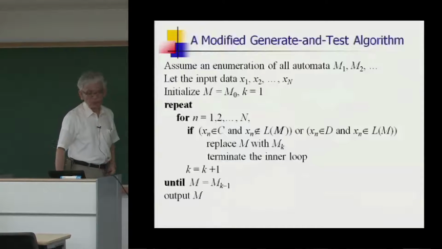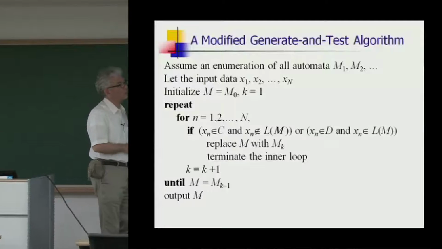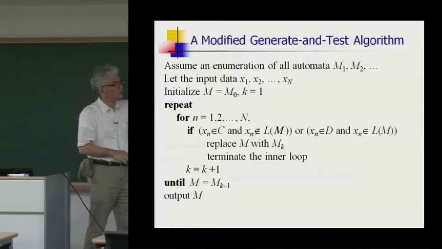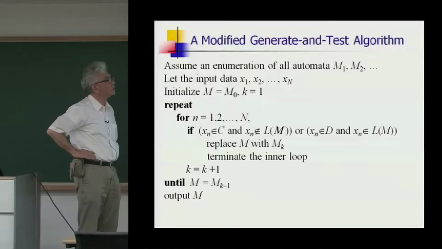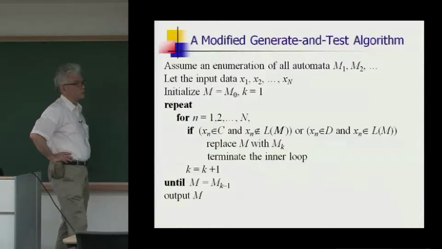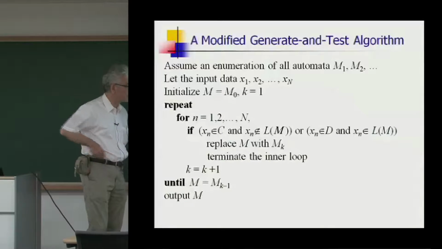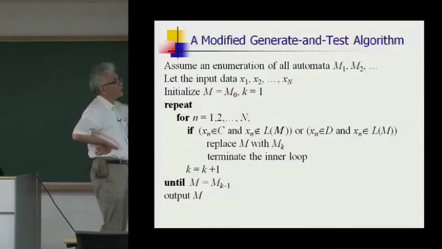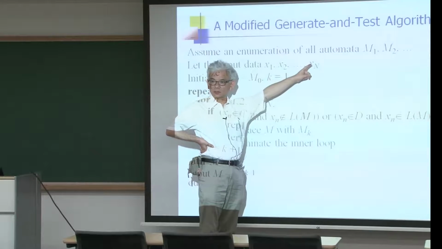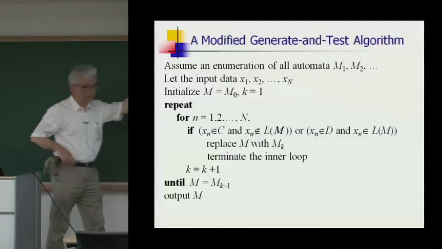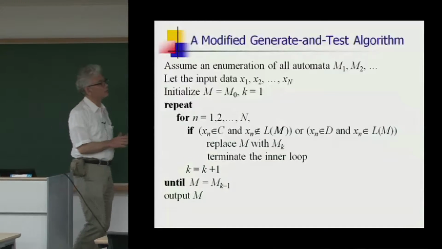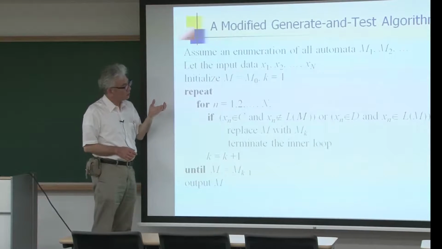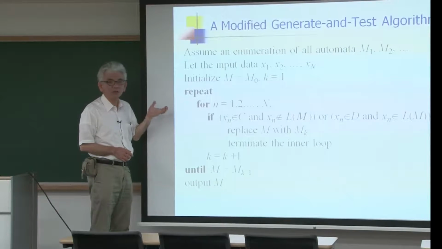Okay. And I gave a very simple generate and test algorithm in the last lecture, and this is a modified version of the algorithm, but the essential point has not been changed. And this is based on the enumeration of all automata. You know that enumeration means that any automaton must occur in the enumeration.